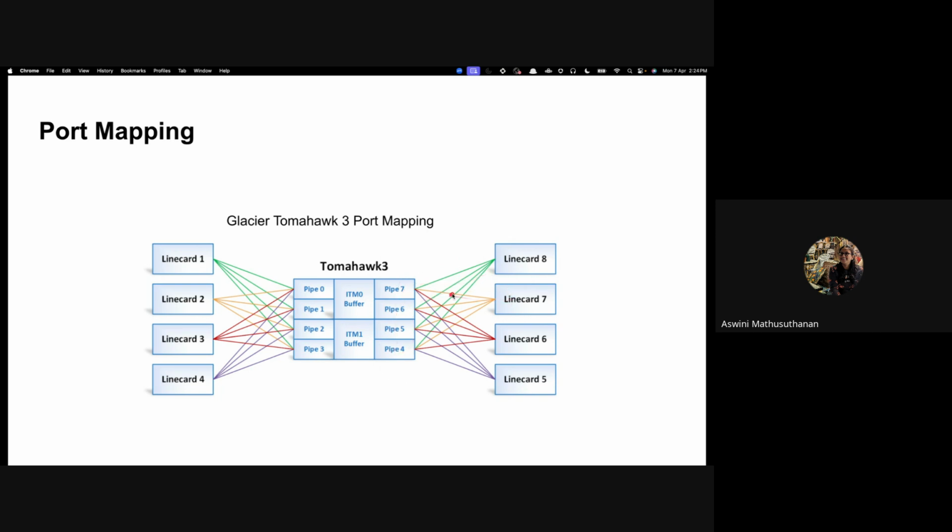It's not that just one pipe is going to have interfaces from line card 7 and line card 6. Every one of these 4 pipes is going to have interfaces from line card 7. They're going to be split across. And the same from this side as well: every line card 1, 2, 3, 4 is going to be there in all these 4 pipes.